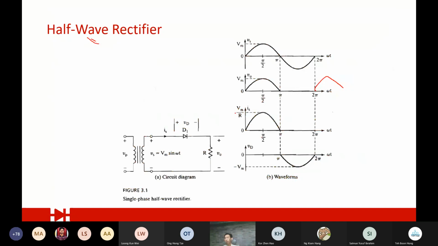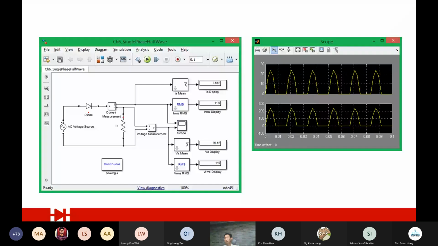You can create this in MATLAB. These are the very old version I did already. Here you are measuring how we're going to measure in MATLAB. Of course we need to measure current and voltage, and for measuring the DC, we need to use the average block.